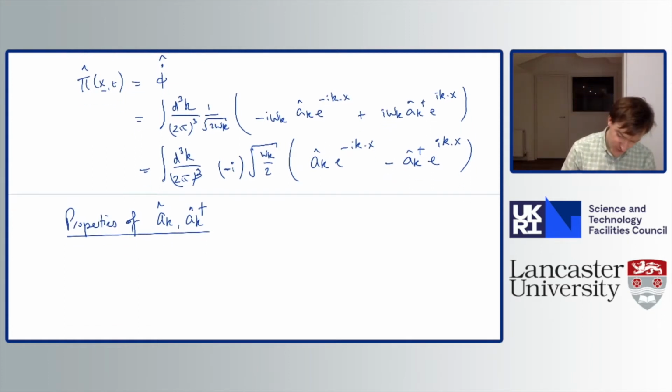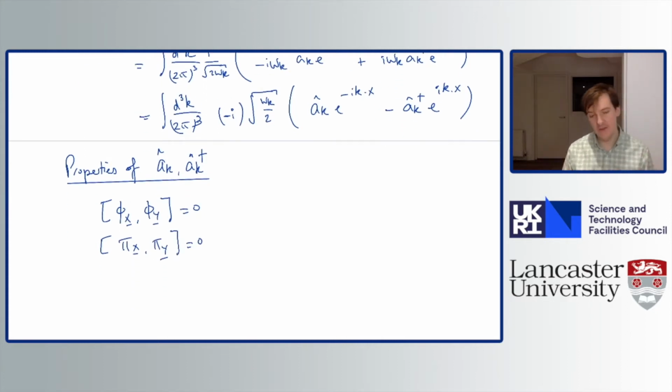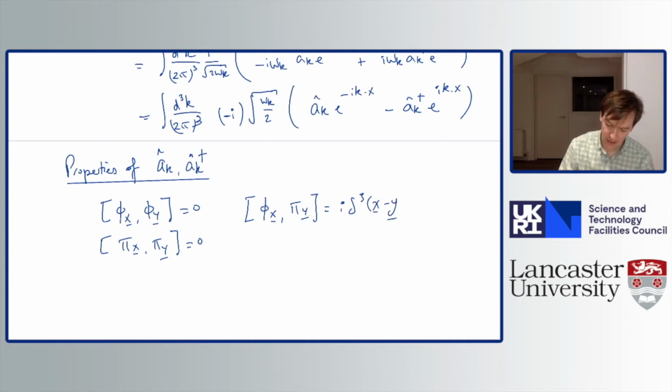Just to remind you in a very shorthand, schematic form, these are equal time, so they have to be evaluated at the same time. Phi with phi is 0, pi with pi is 0. The non-zero one is phi at x with pi at y, and this gives i delta 3 of x minus y.